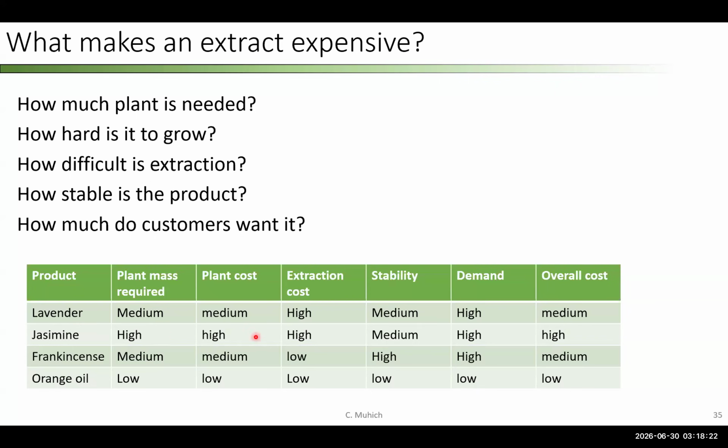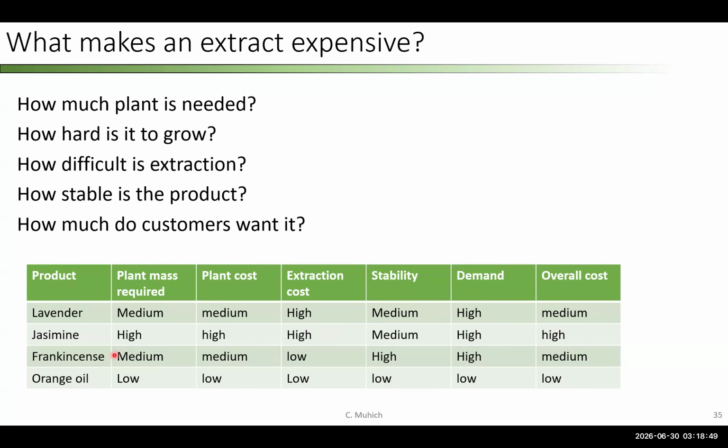Additionally, because it is very desirable, the actual cost of that plant and the picking of it, it's just the flower, is high and labor intensive. Again, this is going to go through an expensive extraction process of steam distillation. This leads to its high overall cost.